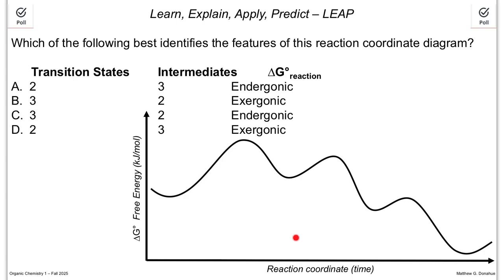So this, to the best of my drawing ability, is what a reaction coordinate looks like for an SN1 reaction. So notice it's got a lot more peaks and valleys than the SN2. And so the question is asking you, how many transition states are there? How many intermediates? And then what is the overall delta G value?